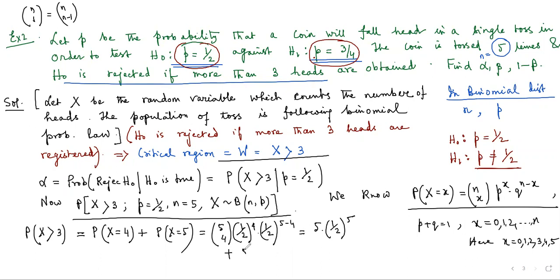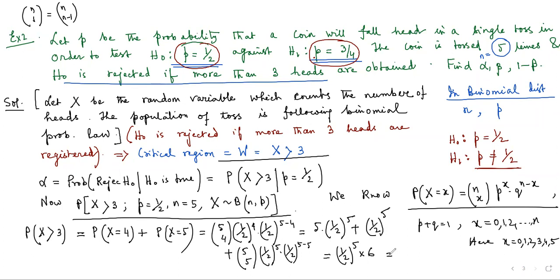plus 5C5 half to the power 5 into half to the power 5 minus 5, which is equal to plus 5C5 means 5C0, that means 1, half to the power 5 into half to the power 5 minus 5, which means half to the power 5. Now you can take half to the power 5 common, and this will become 5 plus 1, that is 6.